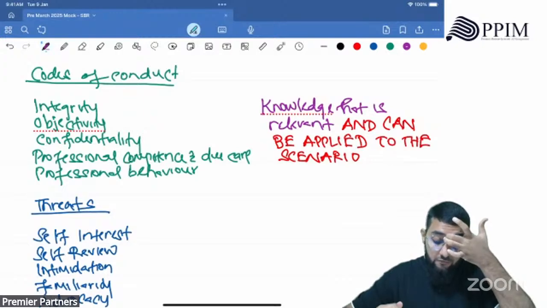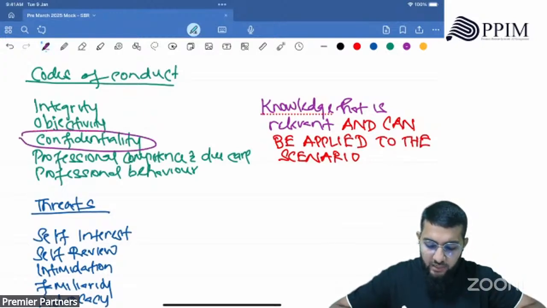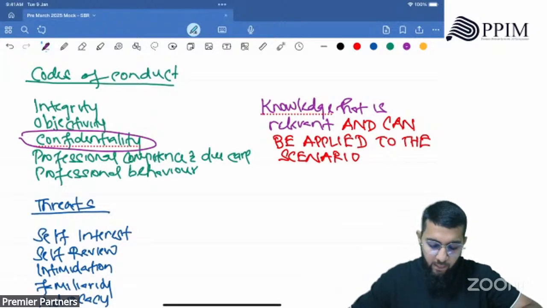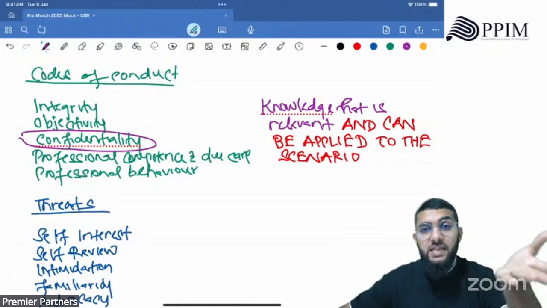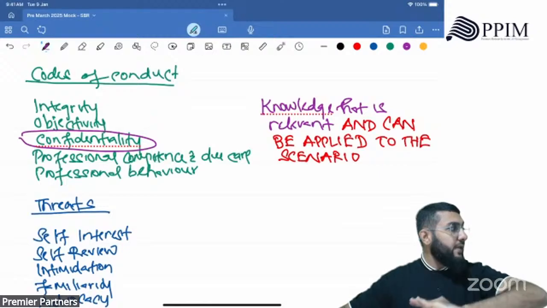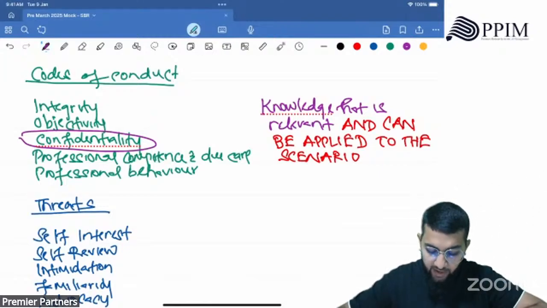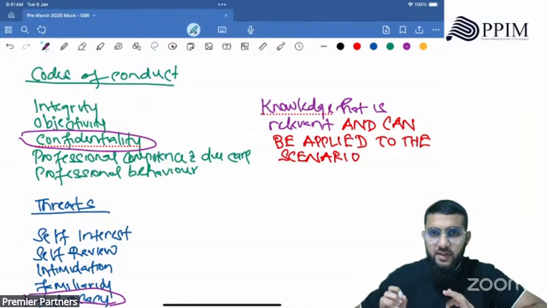You can't bring everything. Now, even if the scenario does not talk anything about confidentiality and you bring in confidentiality and explain that, no, that's not going to help you, right? Only what is relevant, bring that, explain what that means, and show it by applying how they are not staying true to that, right? And what are the threats? If the advocacy threat is not there, you cannot bring that advocacy threat in, right?